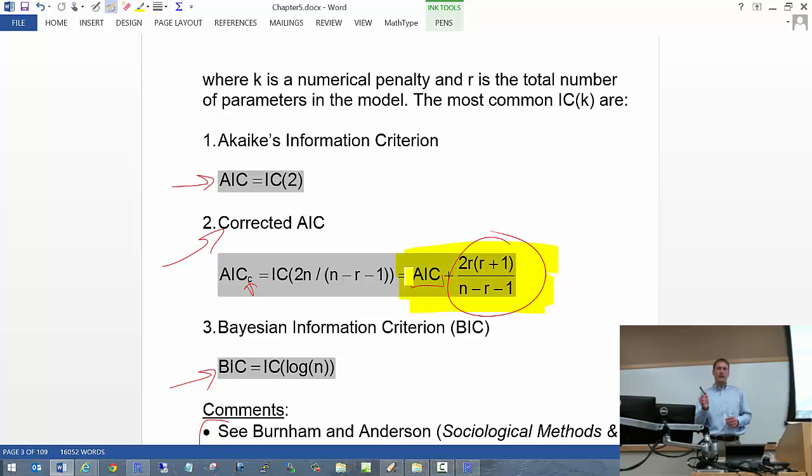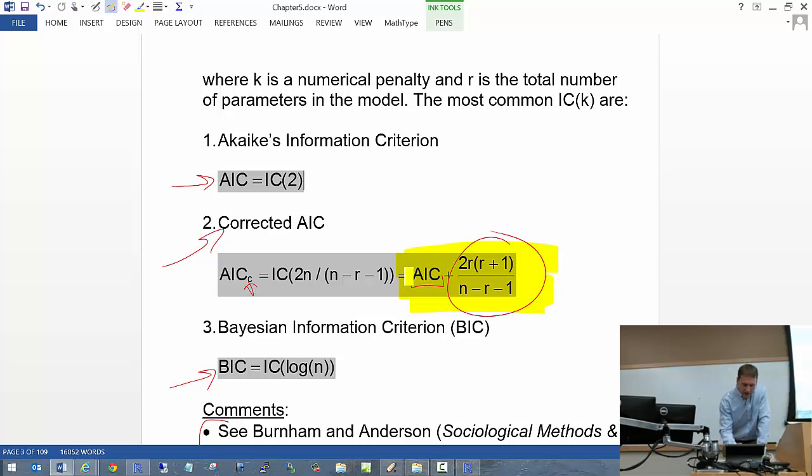What happens to the corrected AIC? It becomes approximately equal to the AIC itself. So note that for large sample sizes, the corrected AIC is going to essentially give you the same results as the regular AIC.